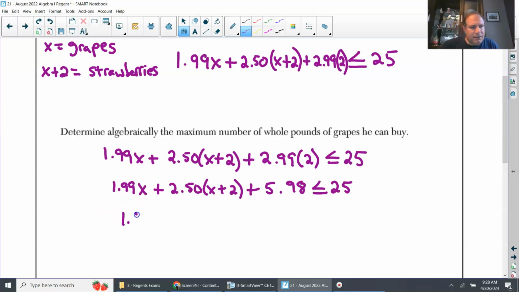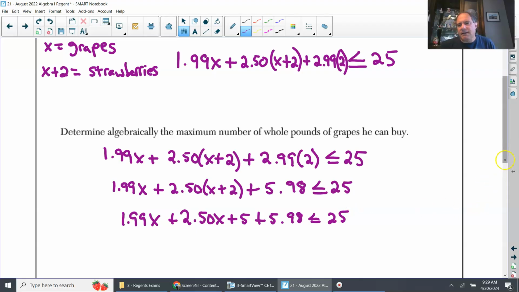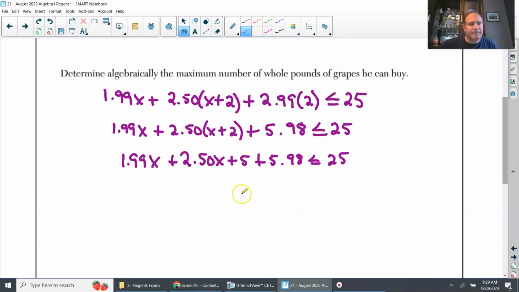This is 1.99x. And then when I do the distributive property, I get 2.50x plus 5, plus 5.98. Then I am going to combine like terms, and I get 4.49x plus 10.98, because 5 plus 5.98 is 10.98, and it's less than or equal to 25.